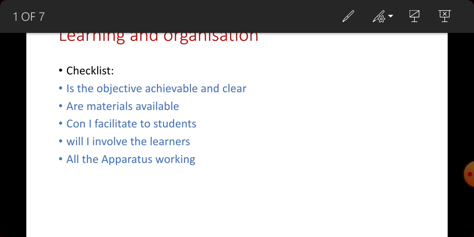Next, the teacher has to question himself whether he can facilitate the students to do the experiment. Next, he has to reflect on how he can involve the learners or make the students participate in the activity.